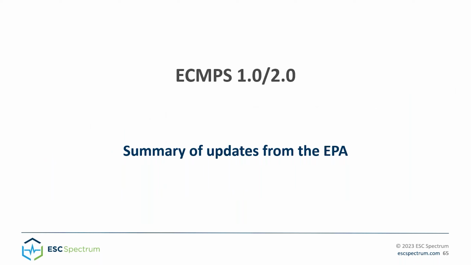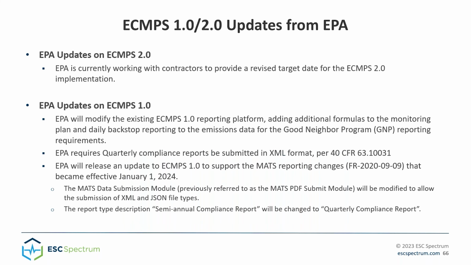The last slide is a summary of updates, where we're at with ECMPS 1.0 and 2.0. We are still waiting on a revised target date. The EPA is working with contractors. They've made some changes to the 1.0 platform, and some changes to MATS.